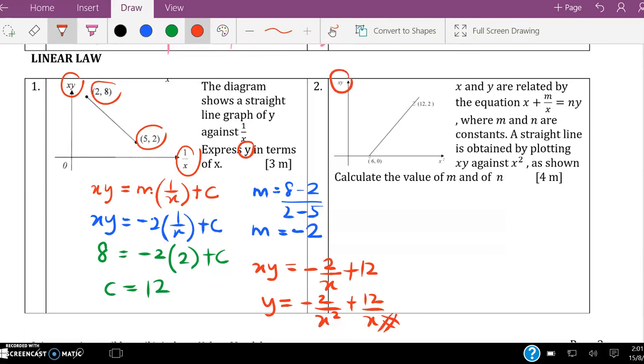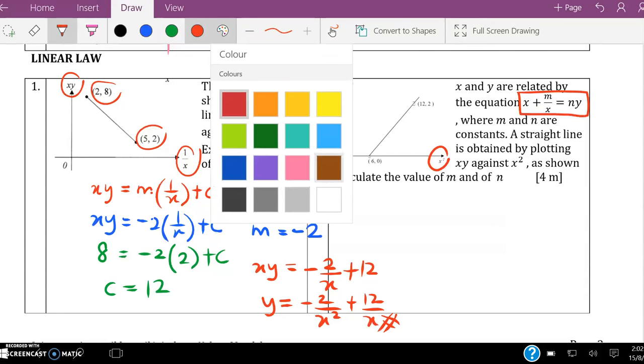Again, y-axis, x-axis, and they give a full coordinate here, and they ask you to find the value of m and n. This is easier because they give you a nonlinear equation that you have to manipulate to make sure that xy becomes the subject.